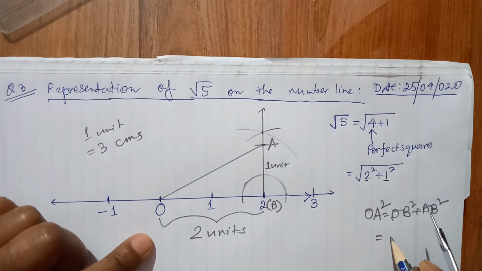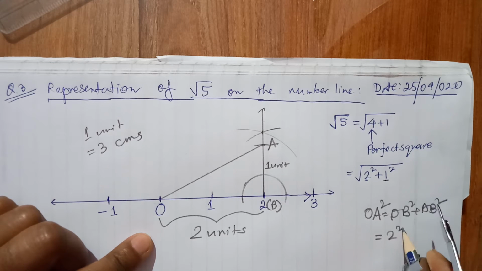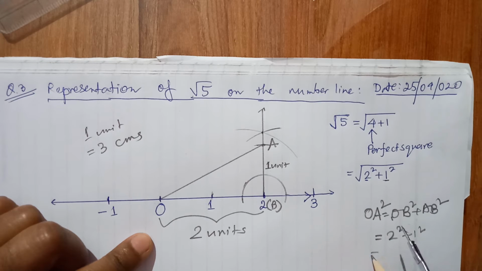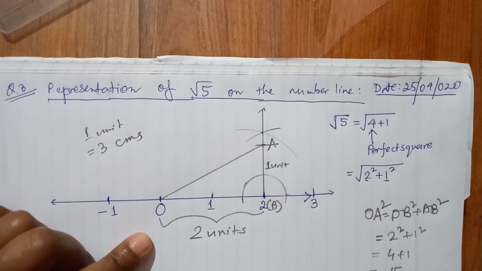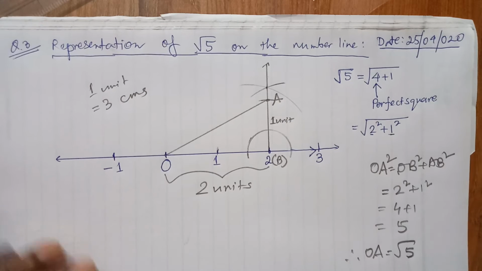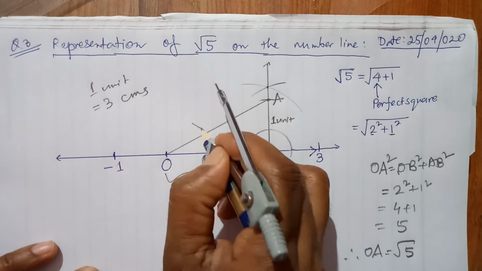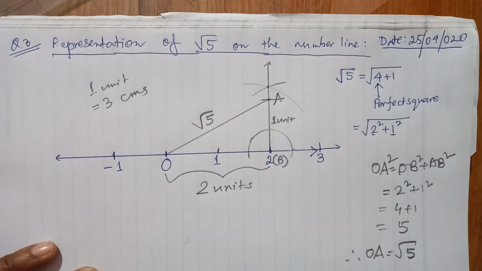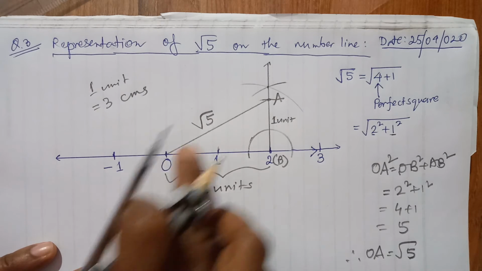OB square means here 2 square and 1 square. So 4 plus 1 equal to 5. Therefore OA equal to root over 5. So I have got the number root over 5.